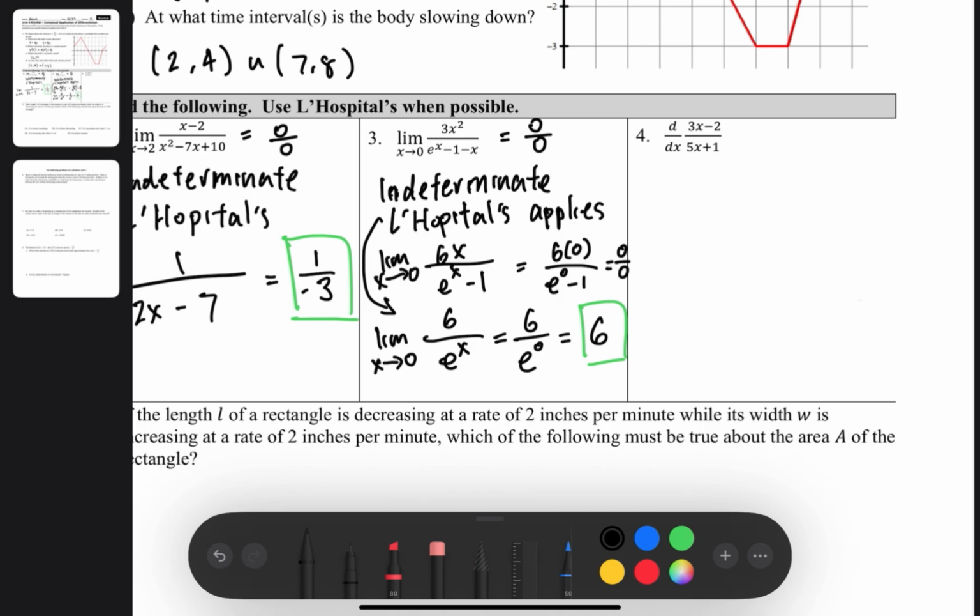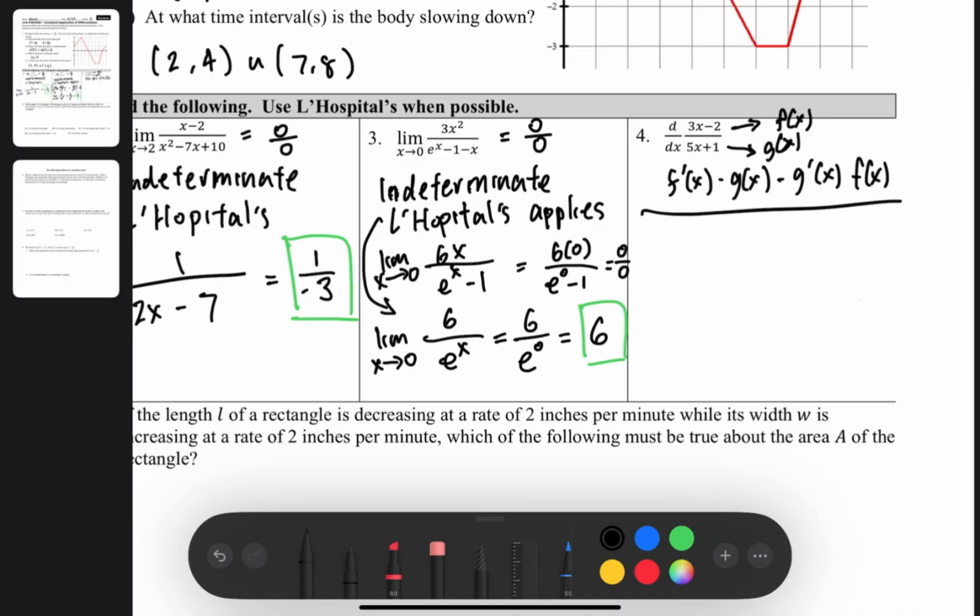The derivative rule for quotients is f prime of x times g of x minus g prime of x times f of x, where the top part is f of x and the bottom part is g of x. And all of this over g of x squared.